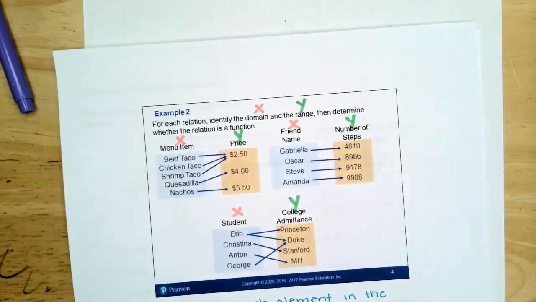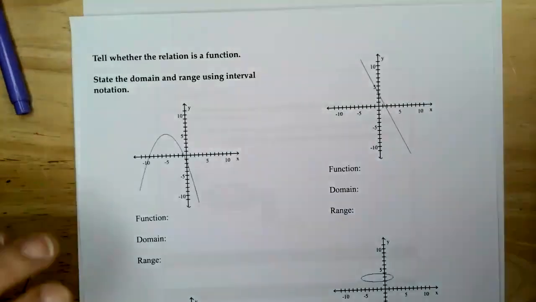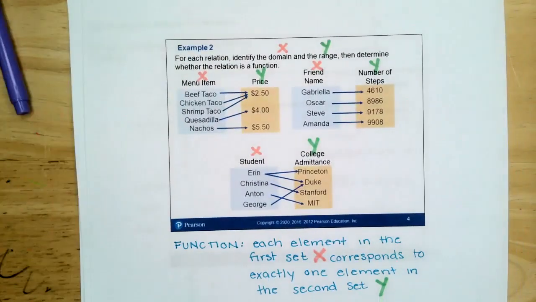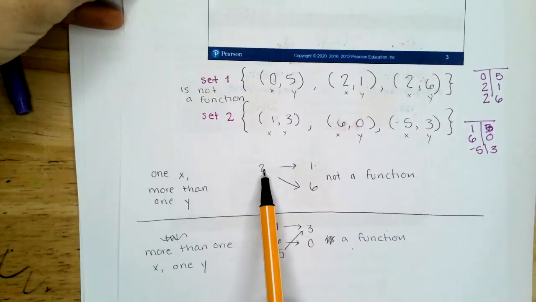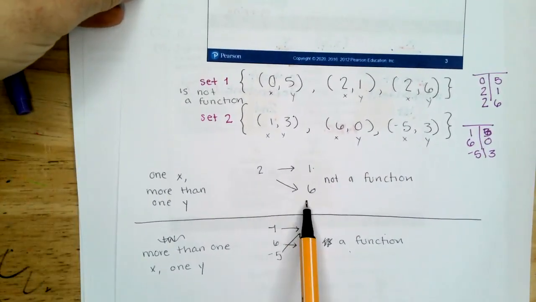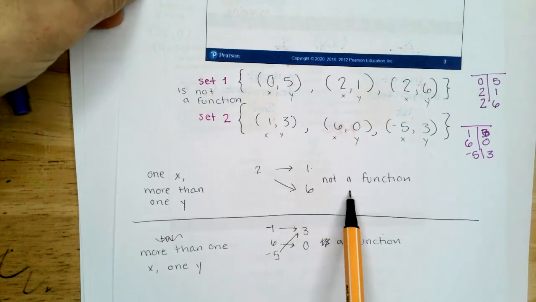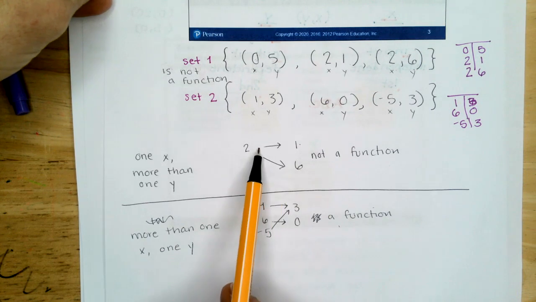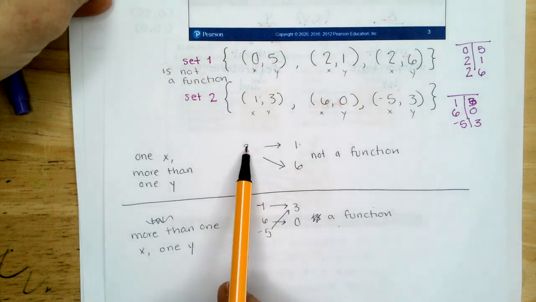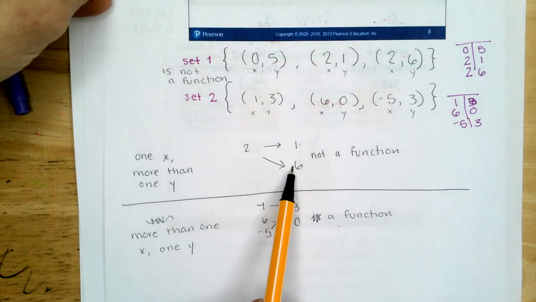So when we map 1, 2, 3, this x having 2 y's, not a function. This y having 2 x's, a function. Okay, so what you don't want to see on a mapping is your x value mapping to 2 different y's.